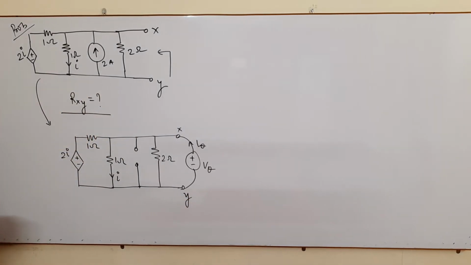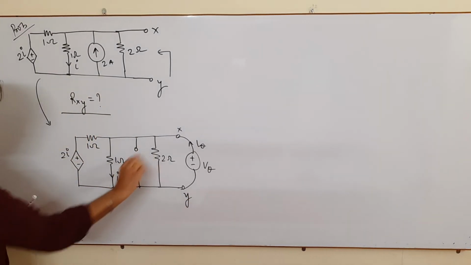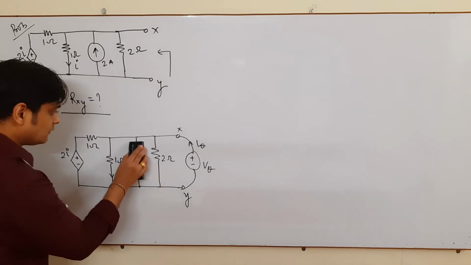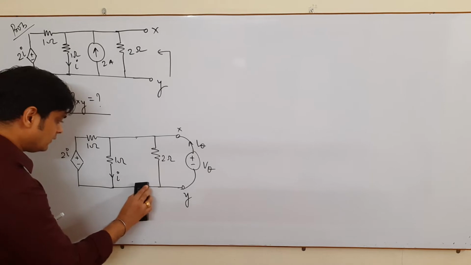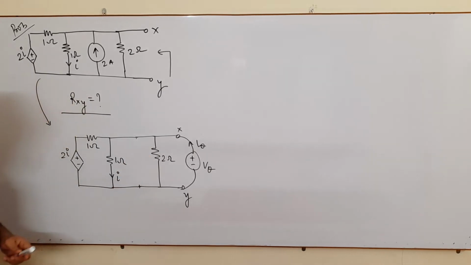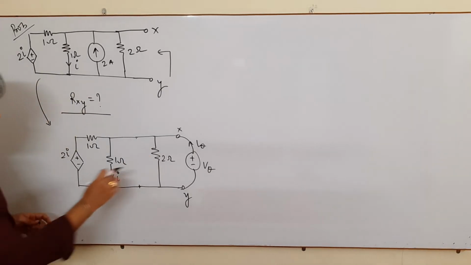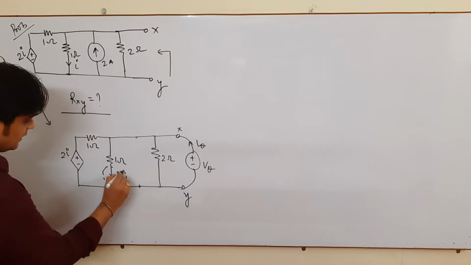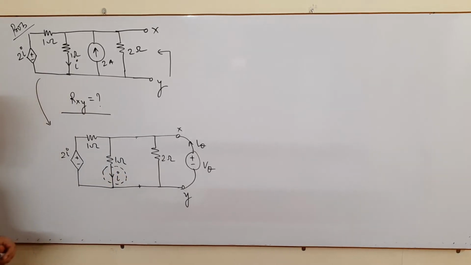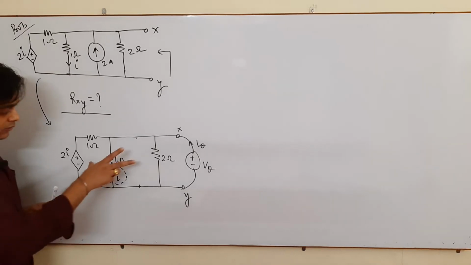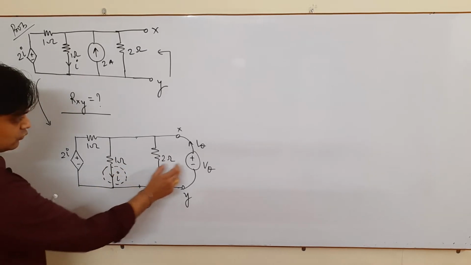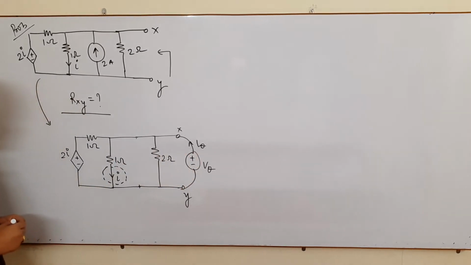So now see, this terminal gets open circuited because of the presence of the current source. Now I will remove this. Very important thing, as I said earlier, don't try to convert this, otherwise the dependency of this element cannot be correlated in the network. So we never solve such a branch. So this is your 1 ohm, this is your 2 ohm, and this is the current I theta.